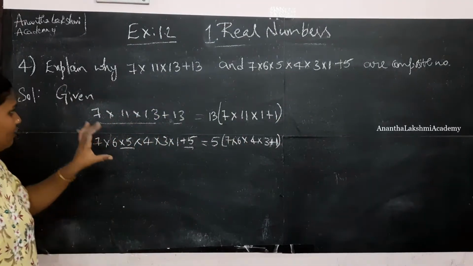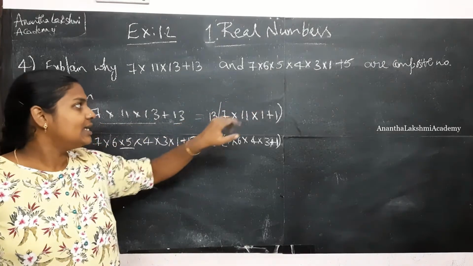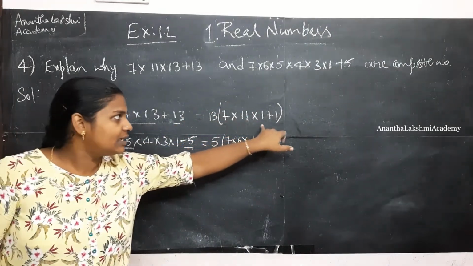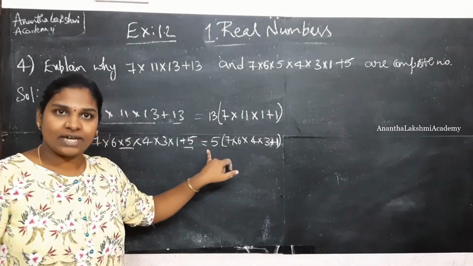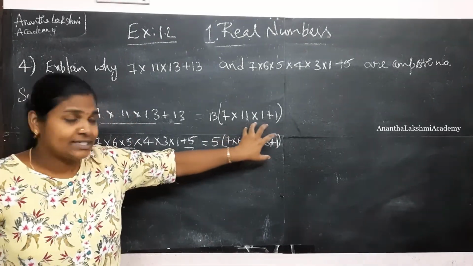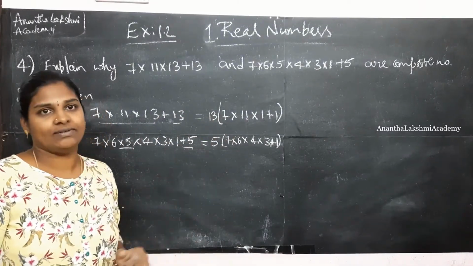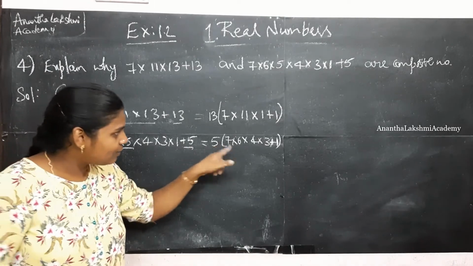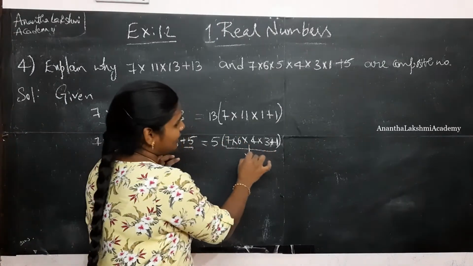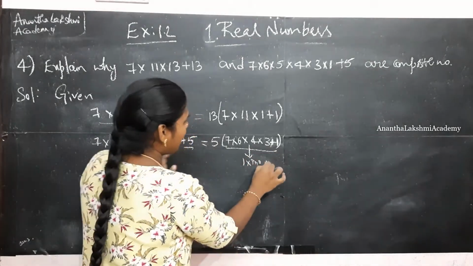Now, if you look at these two, whatever the value inside the bracket, this value is divisible by 13 and this value is divisible by 5. Other than 1 and itself, these are divisible by some other numbers like 13 and 5.